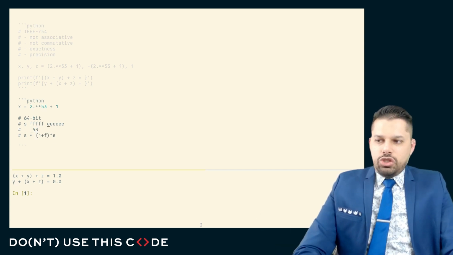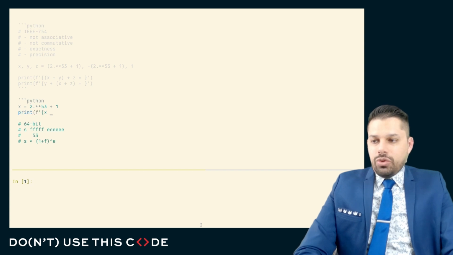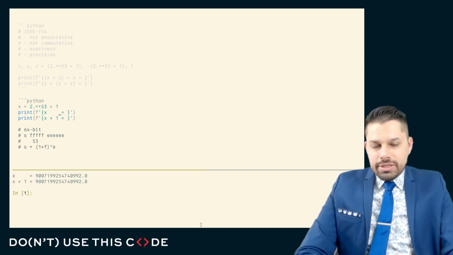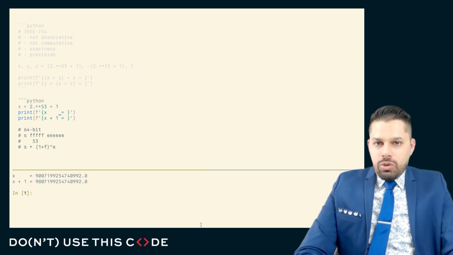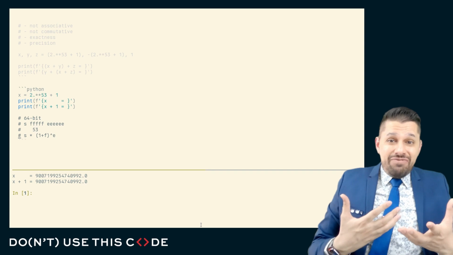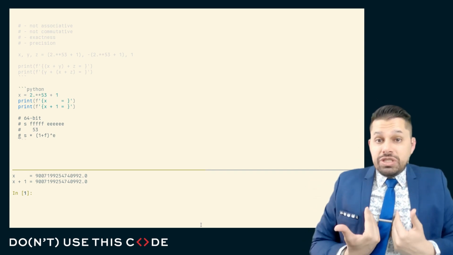It turns out that 2 to the 53rd plus 1 in 64-bit float is the first value that cannot be exactly represented. In other words, 2 to the 53rd plus 1 is the first value where, if you add 1 to it, it doesn't change. 2 to the 53rd plus 1 is equal to 2 to the 53rd plus 2, which means not only do some of the naive things that you can just easily do in integer mathematics no longer work, but you could even lose data.